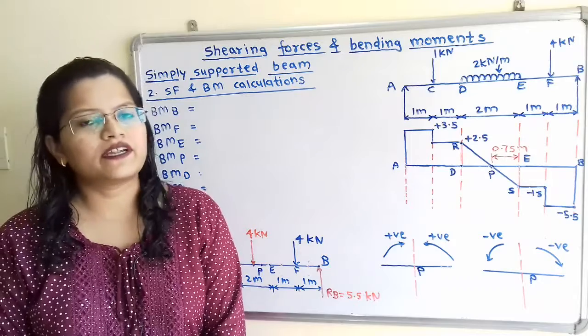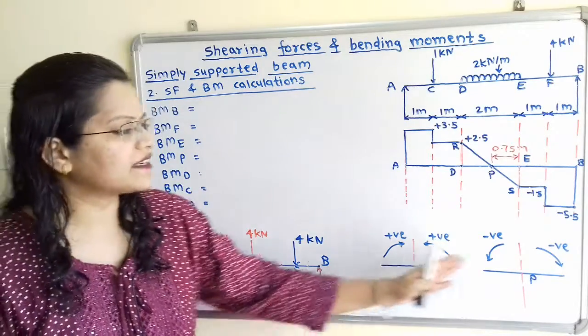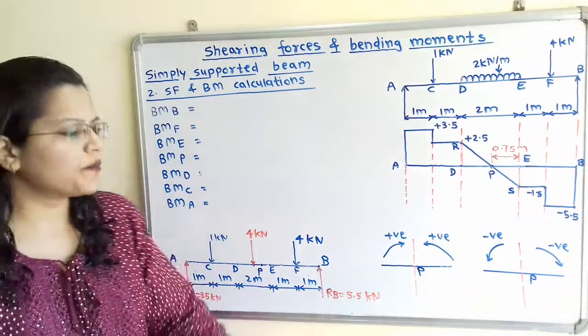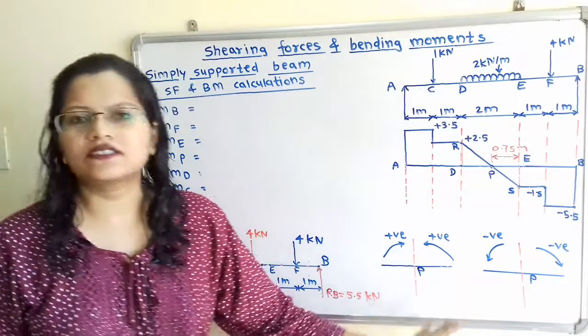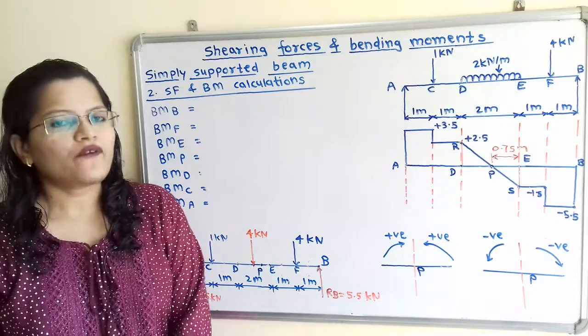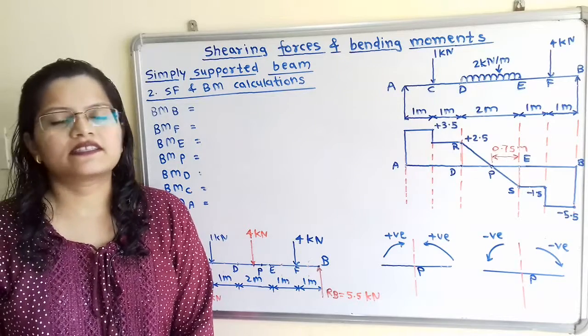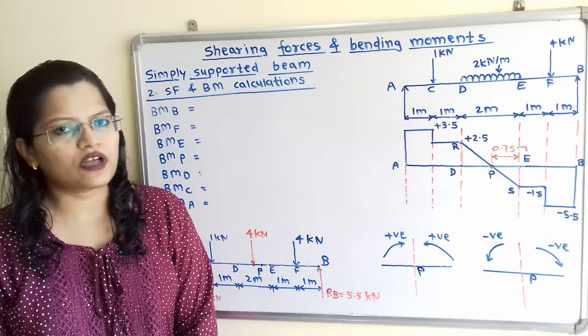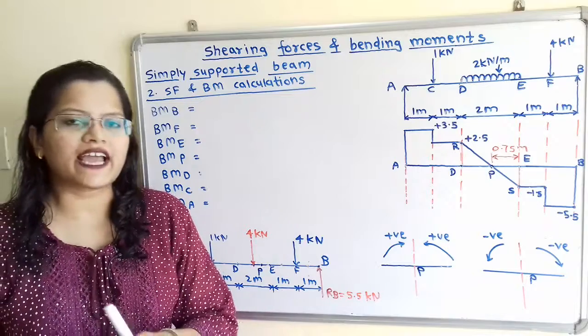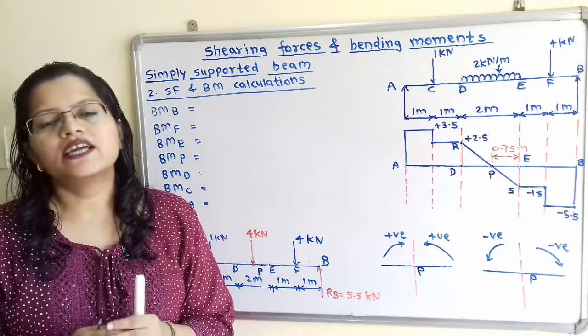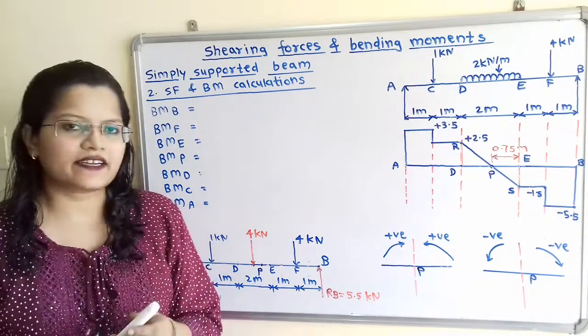Now we will calculate bending moment with this sign convention. We have to mention these sign conventions in the answer sheet. To calculate the bending moment, we can take the summation of moment of all the forces either on the right hand side or on the left hand side of that selected point.